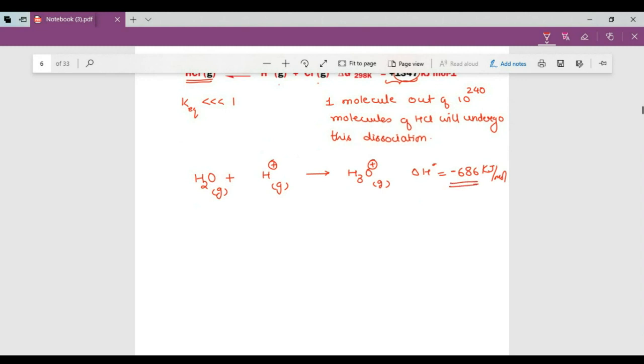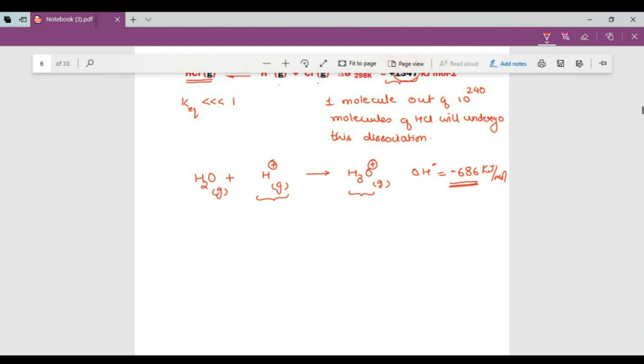Just imagine that this H plus will always exist as H3O plus rather than dissociating into a free cation, a proton.